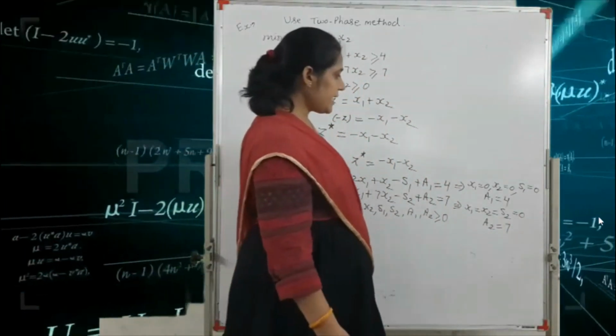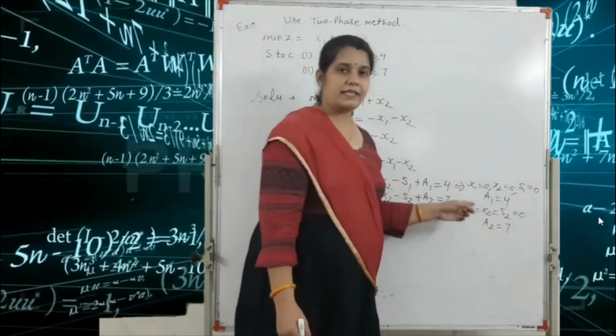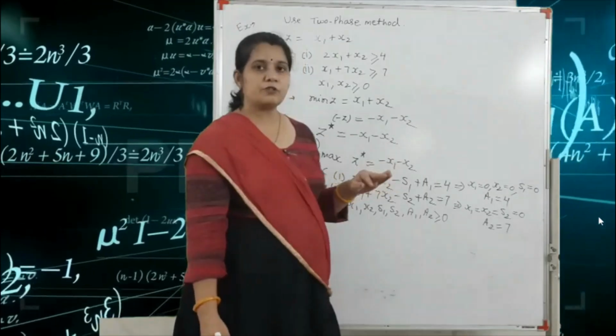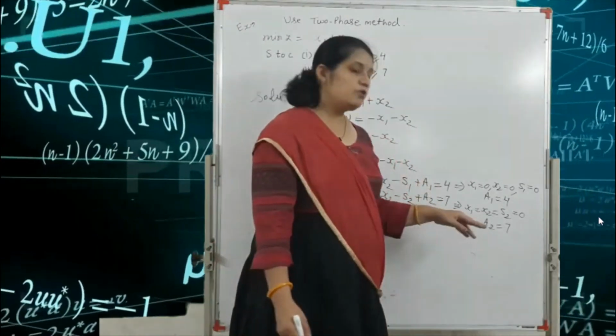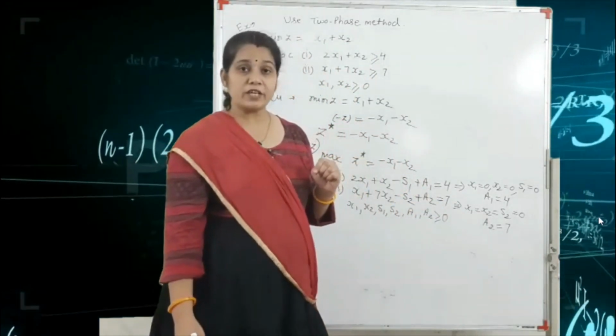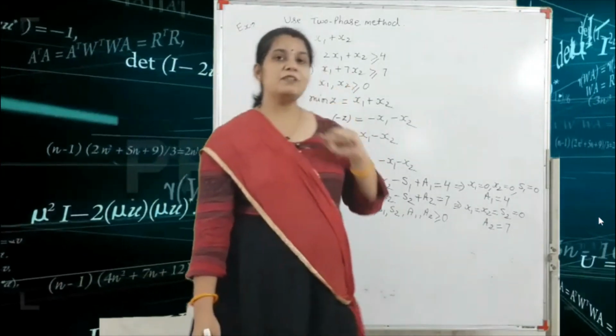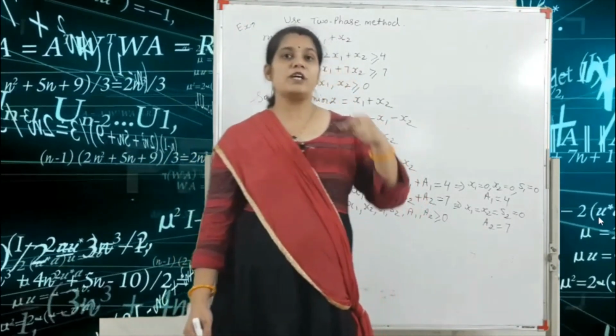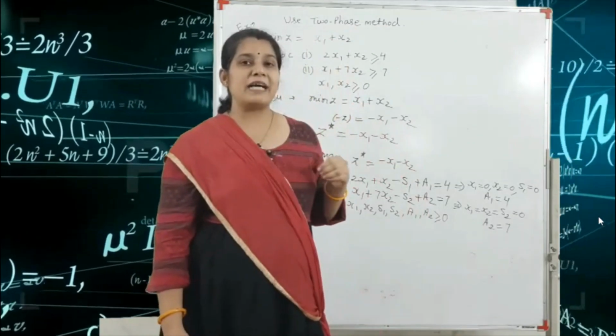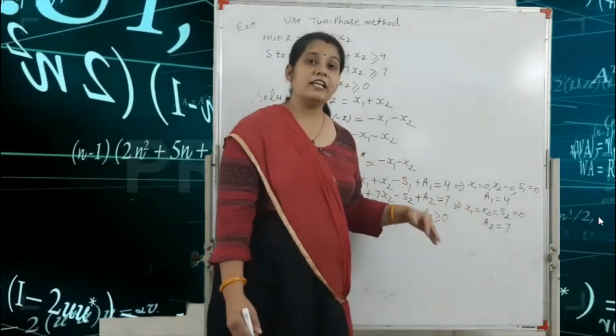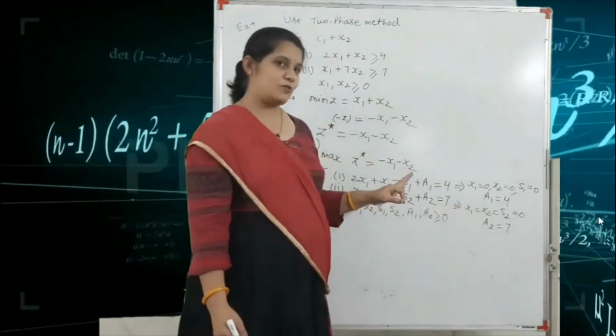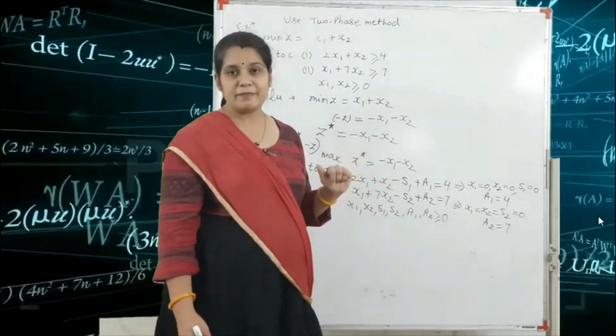So the two artificial variables have values a1 equal to 4 and a2 equal to 7. Now we write table 1, where the basic variables are only a1 and a2, not s1 and s2, as we have already seen in the Big M method.